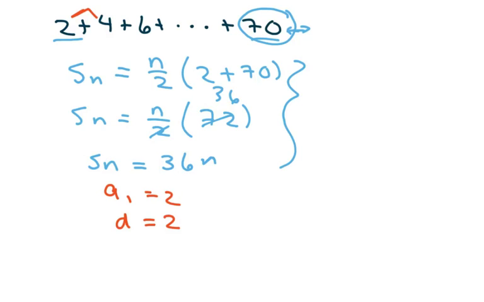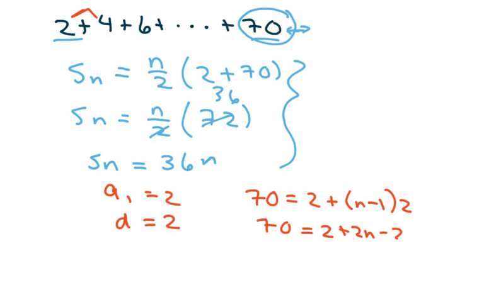So I know my last term is 70 equals my first term plus n minus 1 times your common difference. So 70 equals 2 plus 2n minus 2. So 70 equals 2n. So my n equals 36.